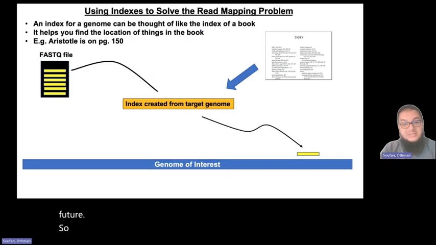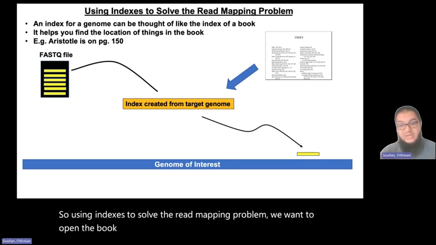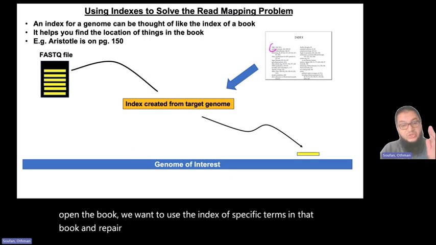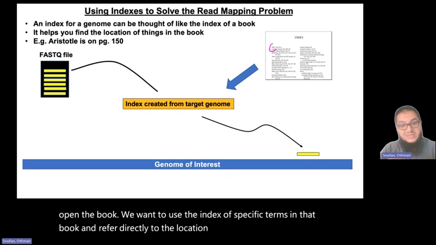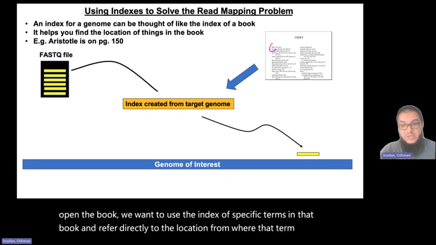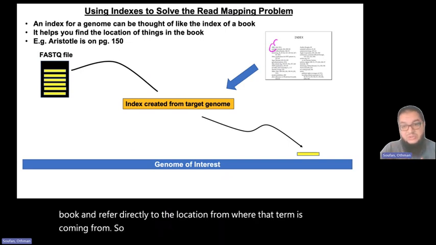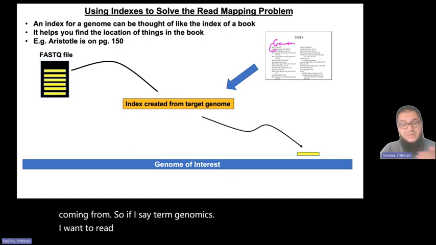So, using indexes to solve the read mapping problem. We want to open the book. We want to use the index of specific terms in that book and refer directly to the location where that term comes from. So if I say the term genomics, I want to read the text about genomics and all the pages where genomics appeared.